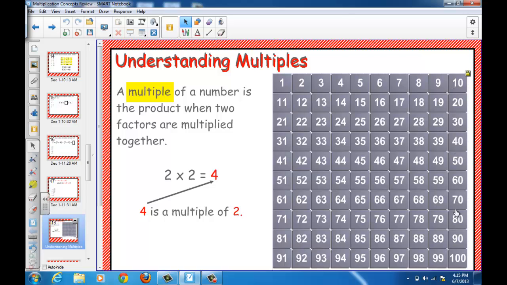You can go down and do the 10's. You can do any kind of multiples you want, and it can show the students the different patterns when looking at a number chart.